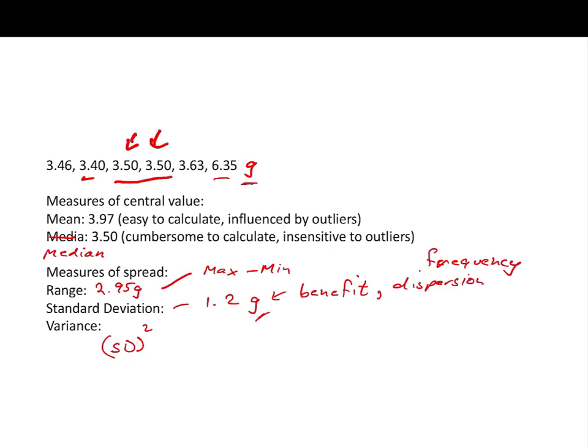In our case here, the 1.4 is the variance, but because it's the standard deviation squared, the units also get squared. So we get these weird units called grams squared, which doesn't make a heck of a lot of sense in a physical sense. So the advantages of variance are that they are additive, but the units are weird.